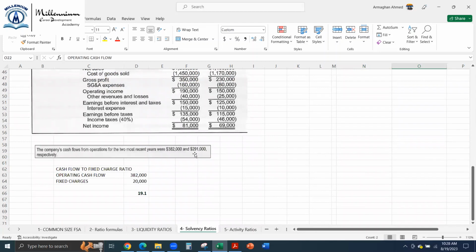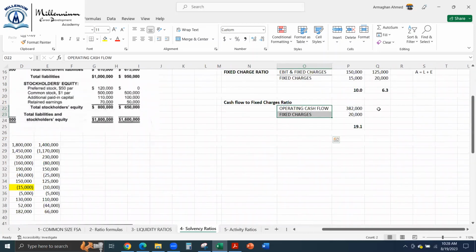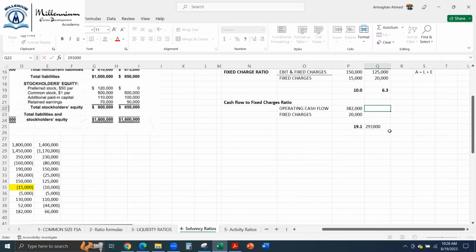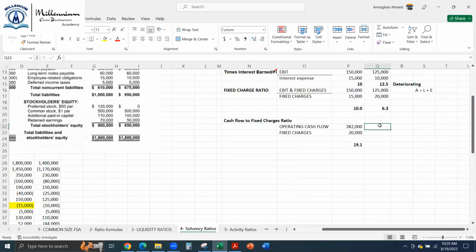And how much operating cash flow? 291, right? 291 divided by 15,000. 20,000 was there, 15 was there.